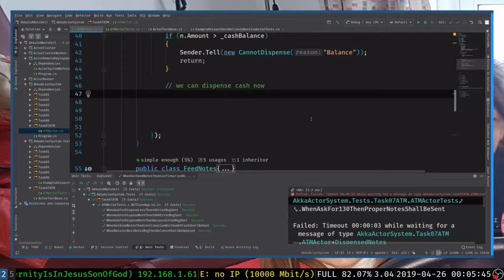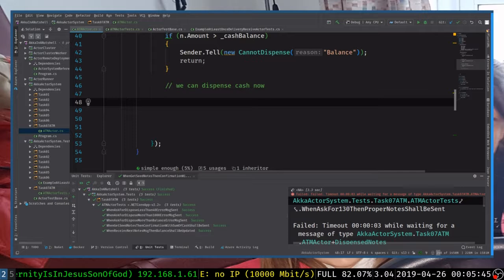Right, so what do we need to do? Okay, we were asked for a particular amount. Okay. So it's 140 and it's lower than the first note we have.